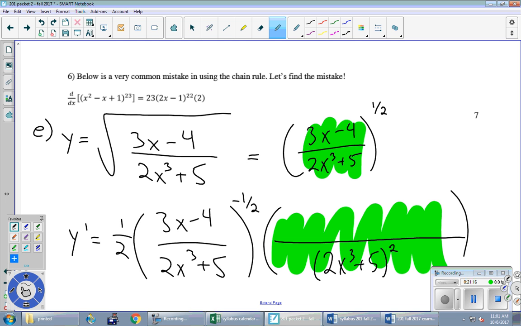Okay, so quotient rule says bottom times derivative of the top. So copy the bottom times the derivative of the top, which is 3. That's good. Minus, copy the top, times the derivative of the bottom, 6x squared.